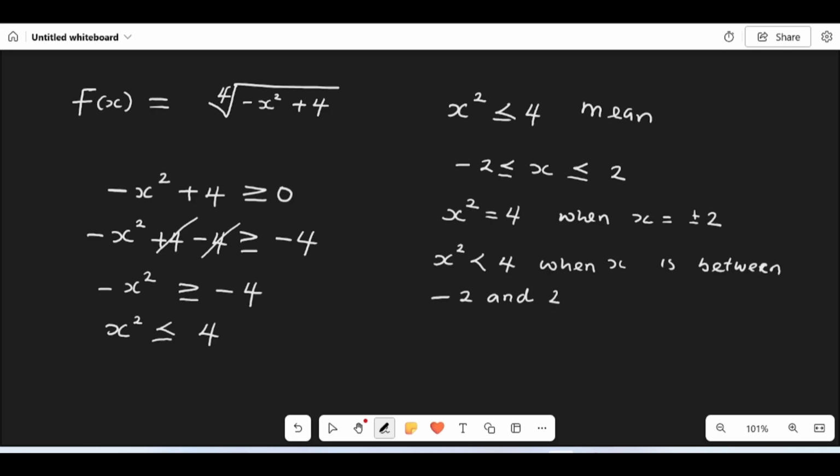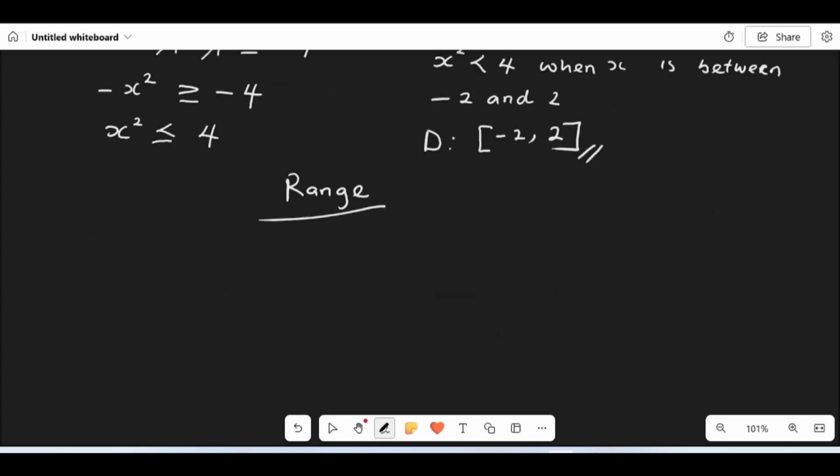So our domain is square bracket minus 2 comma 2 square bracket. Now we determine what output values f of x can take.